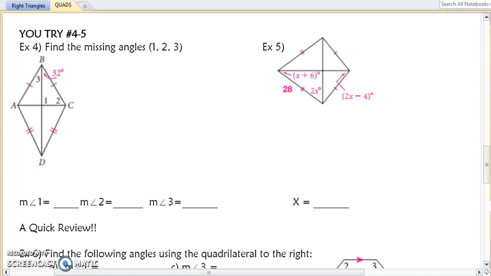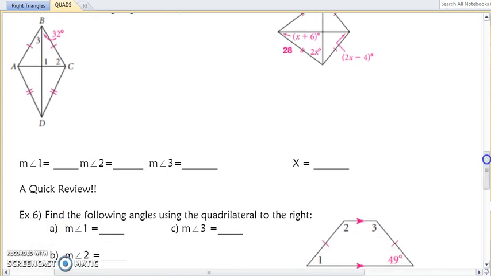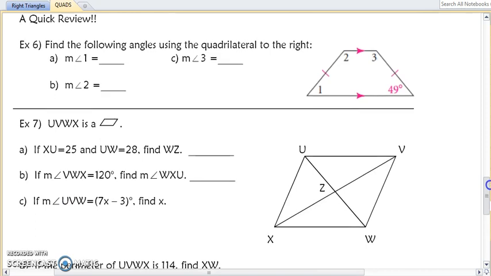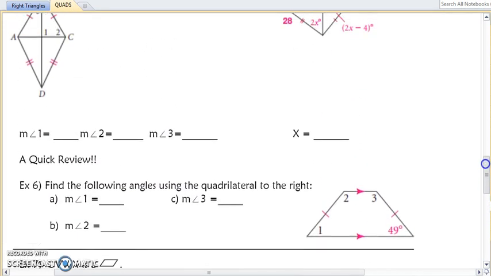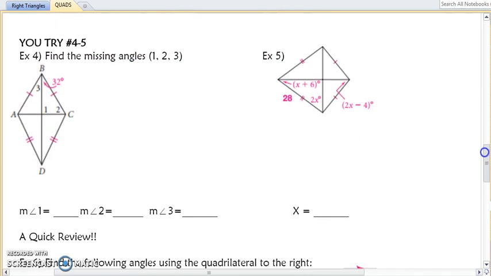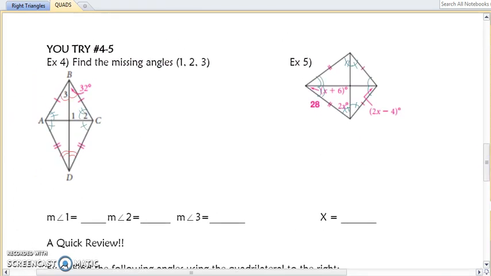From that, make sure you check it off with me once you try 4 and 5. And then you also have a little quick review dealing with all of our properties of all different types of quadrilaterals.